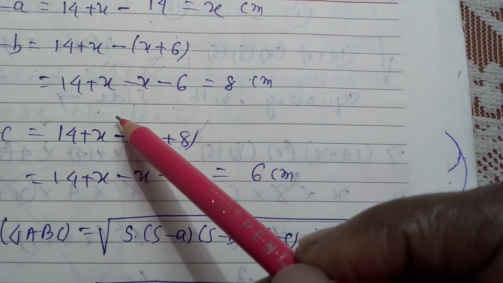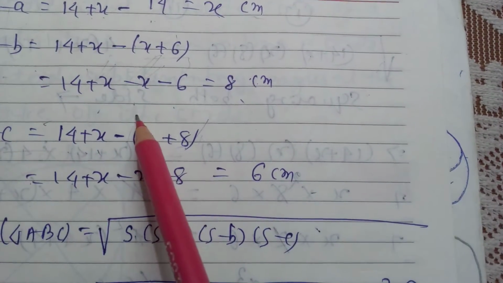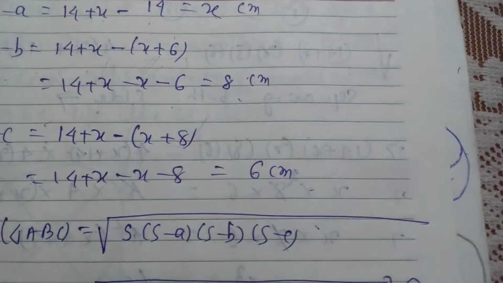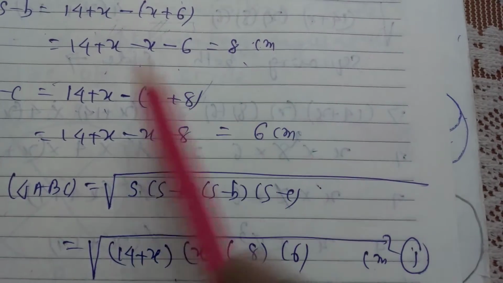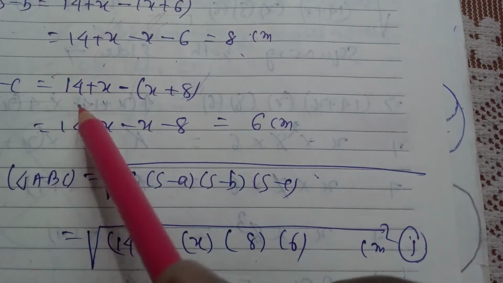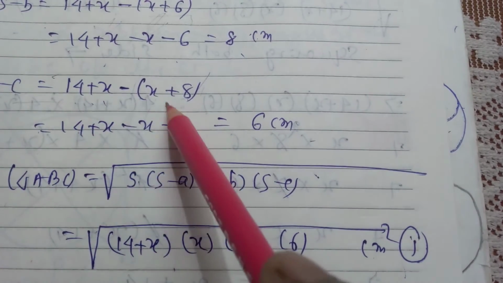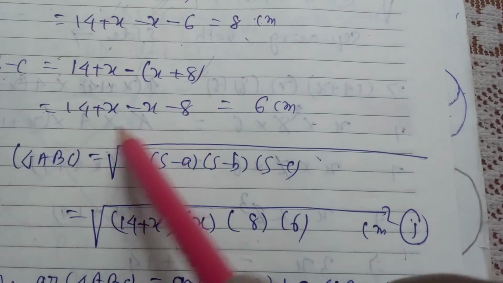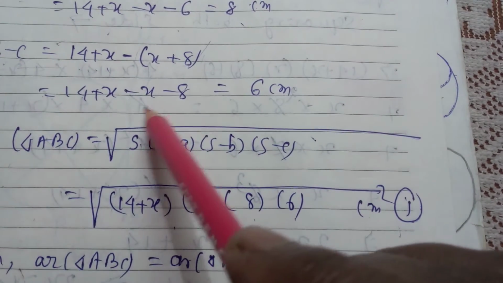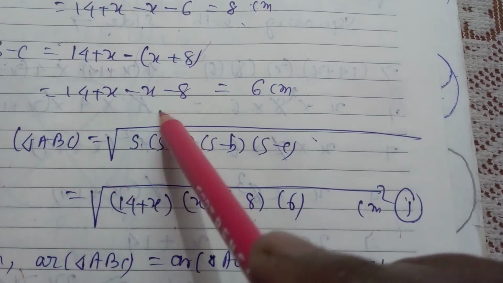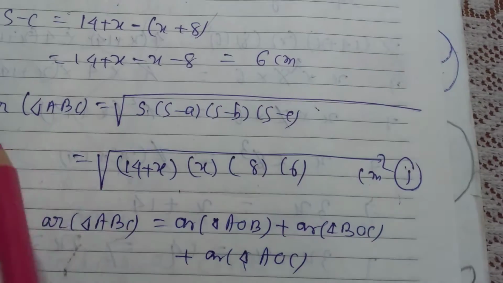Now you break the bracket: 14 plus x minus x minus 6. x cancels, so 14 minus 6, 8 centimeter. And s minus c: 14 plus x minus (x plus 8). Now break the bracket: 14 plus x minus x minus 8. x cancels and 14 minus 8, 6 centimeter.